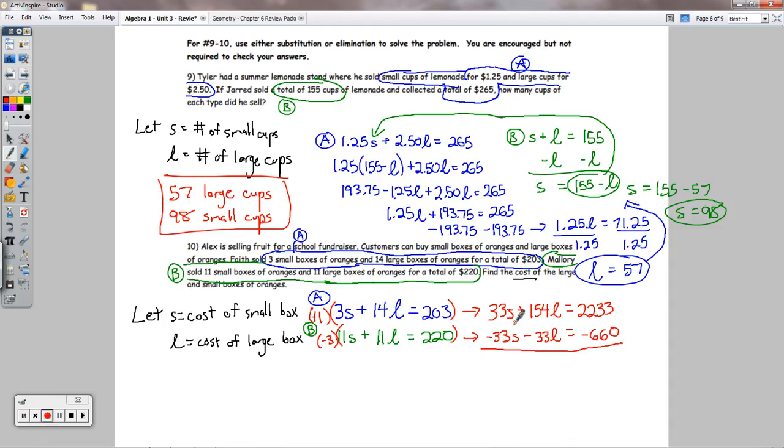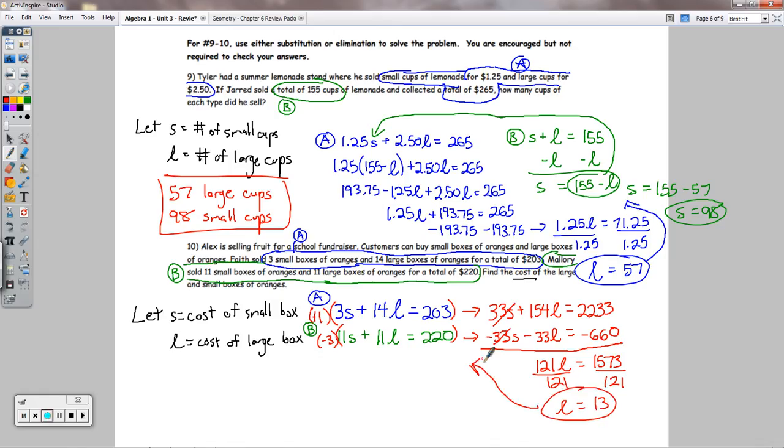If we combine those equations together now, the s's will cancel out. That's why we multiplied by those numbers. This would be 121 times l is 1573. If you divide both sides by 121, you'll have l equals 13.